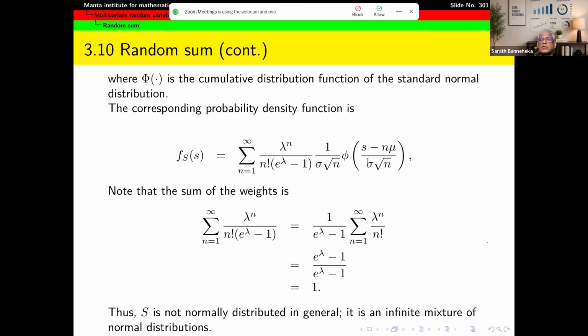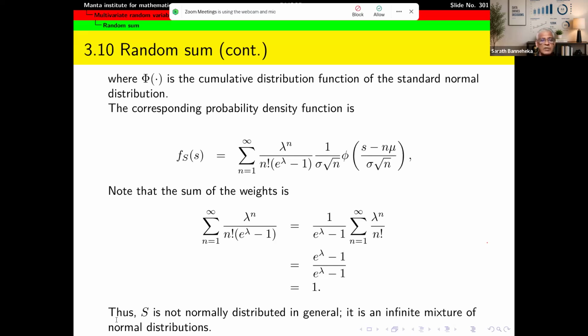So even though they are different densities, these weights can be considered as the proportions because they are adding up to 1, right? So some proportions times the densities, adding over n from 1 to infinity, that's giving you a mixture distribution of an infinite number of random variables, right?